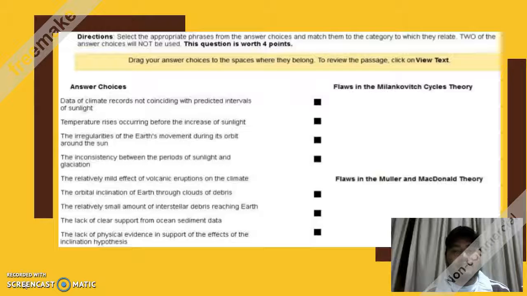In this case, you have 2 statements: flaws in the Milankovitch cycles theory and flaws in the Mueller and McDonald theory. So you have to choose among the answer choices that you have on the left side and match them with the 2 options that you have on the right side.